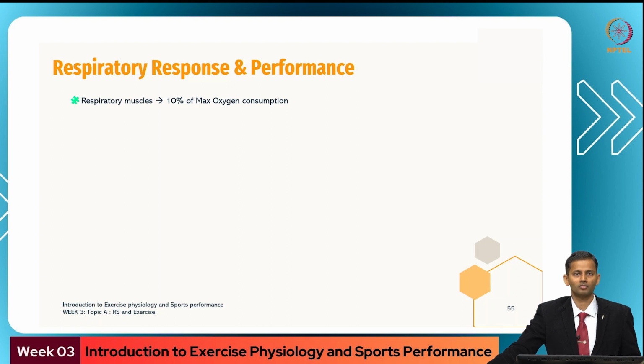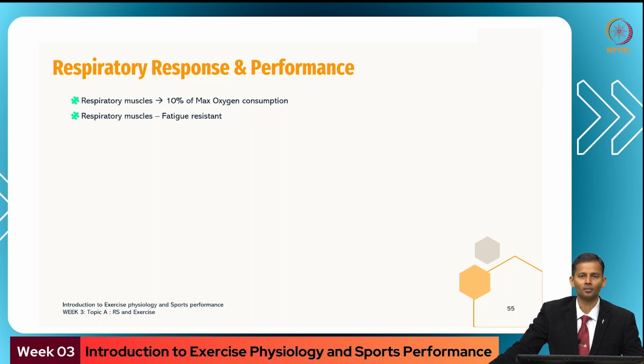So as a response, what happens with respect to the respiratory system to the exercise, what it carries on the performance per se. So with the respiratory muscles, it's seen that they contribute about 10% of the maximal oxygen consumption, and the muscles are generally fatigue resistant.